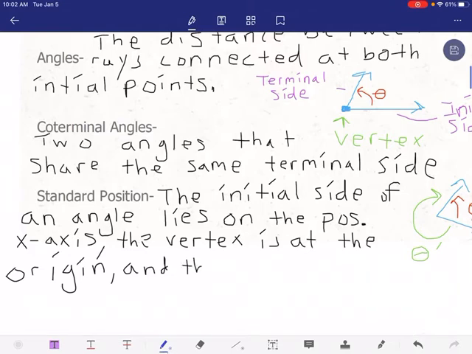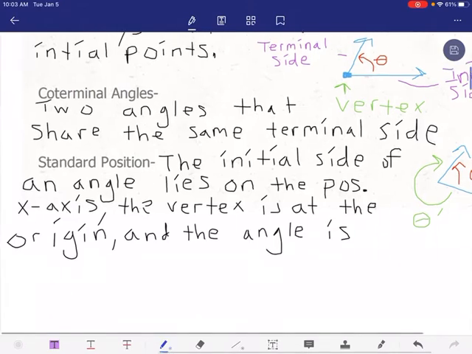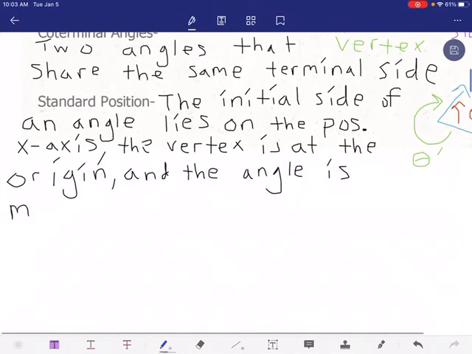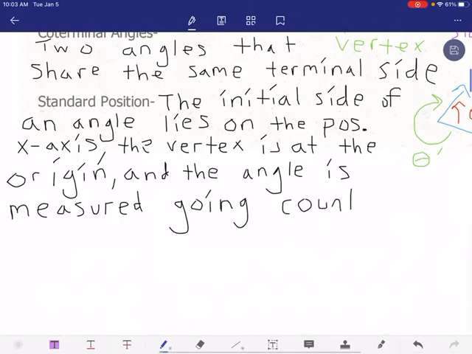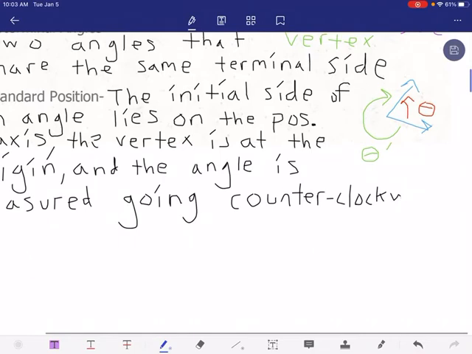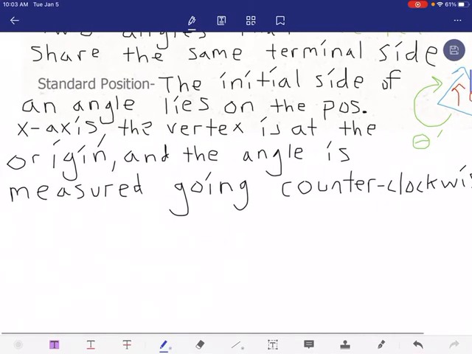And the angle is measured going counterclockwise. So let's look at what that might look like.